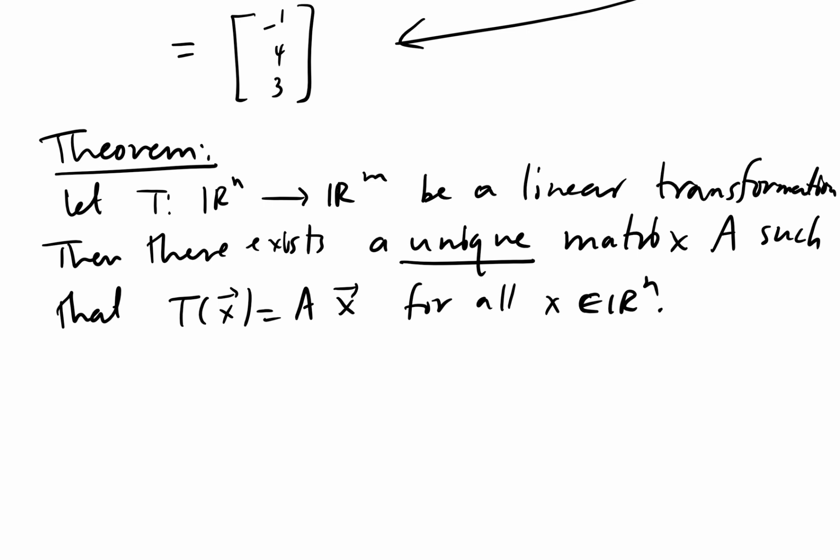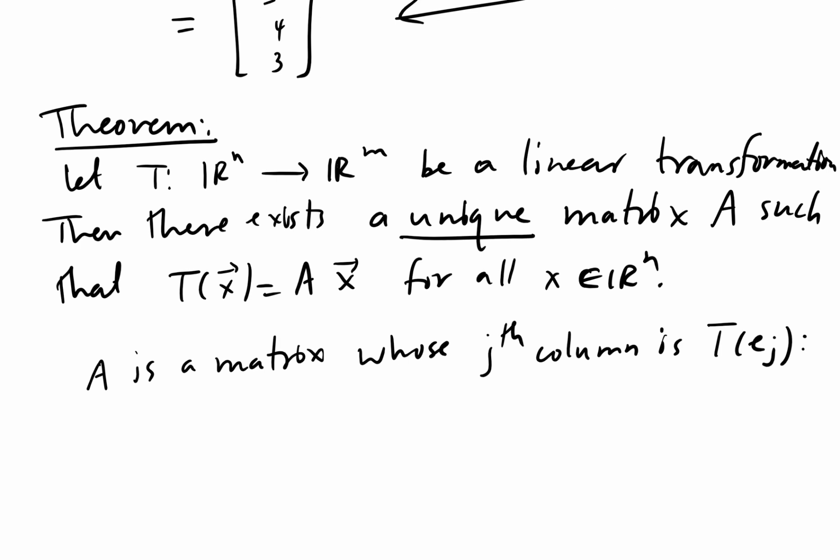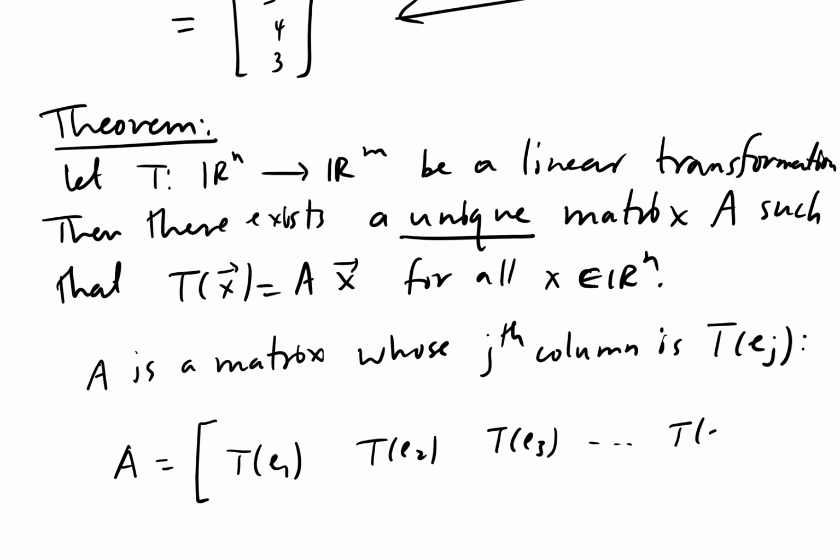Next, so here again, what is A? A is a matrix whose, when you do Ax, A is a matrix whose jth column is T of Ej. So when you write A, we can write it as T of E1, T of E2, T of E3, all the way to T of En. So the jth column would be T of Ej.